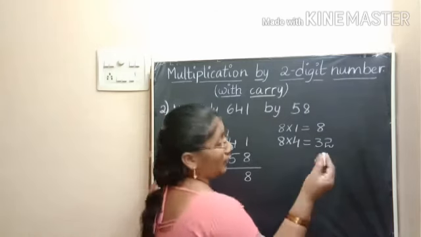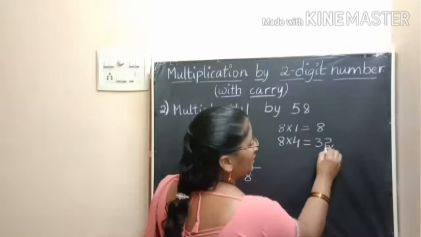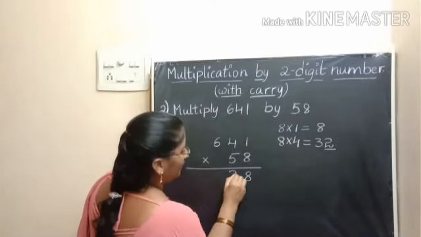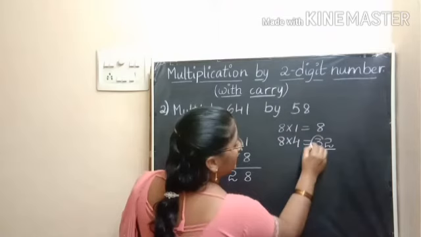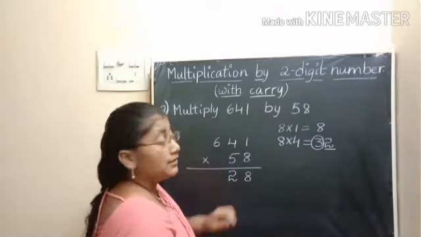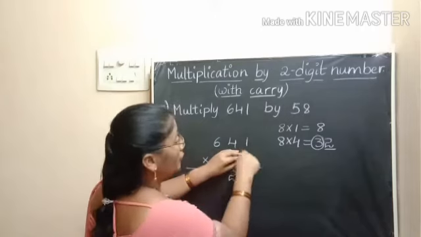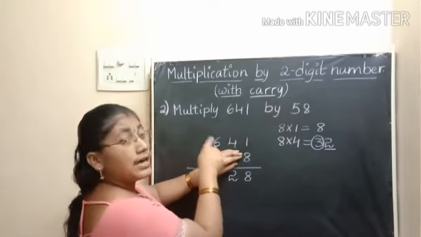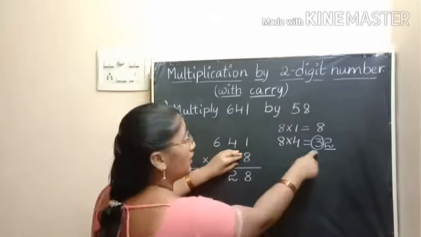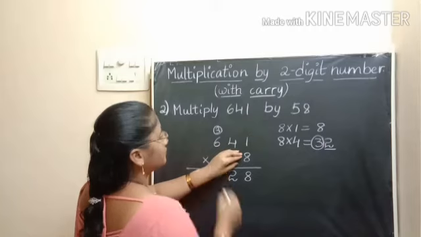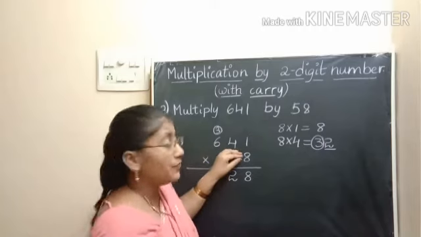So already we know that the right side digit must be written as the result, and the left side digit we have to pass to the next place. This is the result of 8 into 4, so 4 is in tens place. What is the next place? Hundreds. So we should write 3 in hundreds place as carry. Understood, children? 3 is the carry in hundreds place.